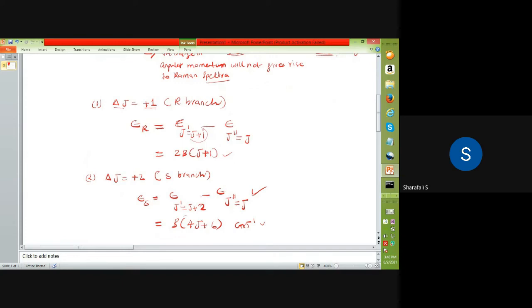If you take E by h, h is a constant, so you get the frequency. So you are actually calculating the radiation coming out from those two levels, where a transition is happening. Maybe it is absorbing some radiation, maybe it is emitting some. So you are calculating that particular frequency.